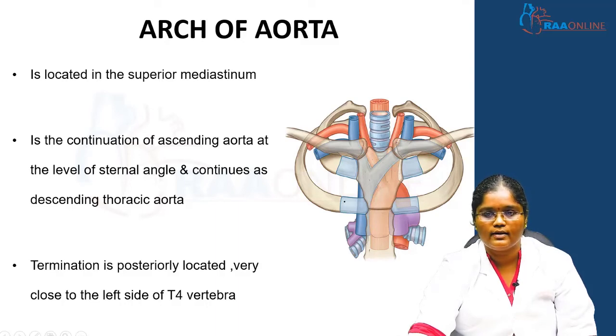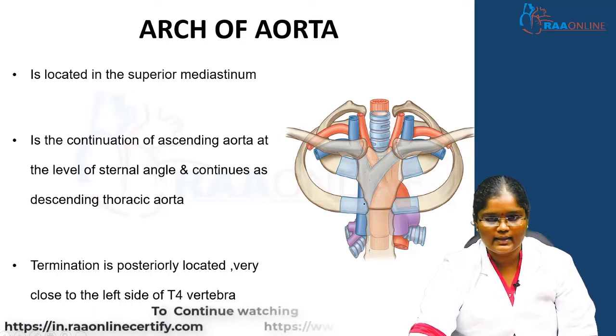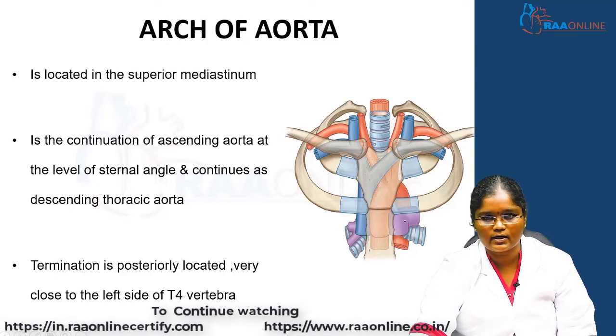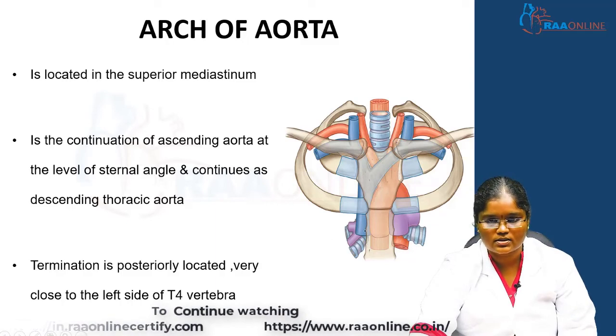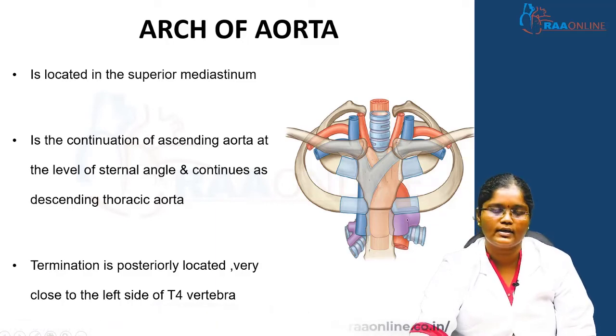The sternal angle is at the T4 level, and it continues as the descending thoracic aorta at the same level. So the termination is posteriorly located, in the posterior mediastinum, where it is closely related to the T4 vertebra. So it starts at the T4 level anteriorly, and it ends and continues as the descending thoracic aorta at the same T4 level. So starting at T4 and ending also at the T4 level.